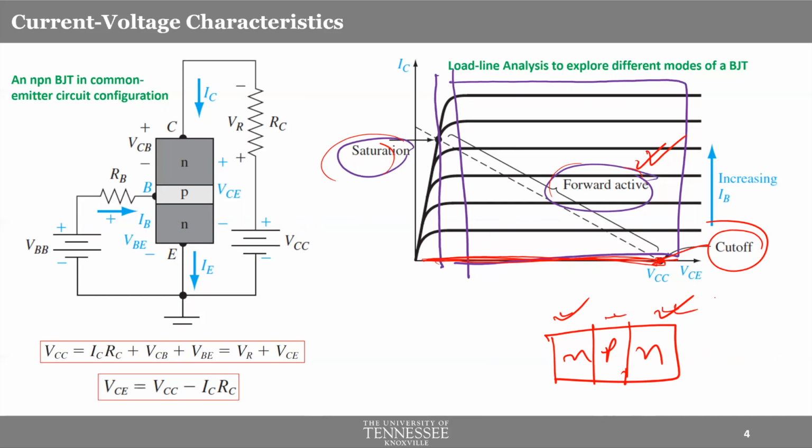They have complicated 3D geometry, and because of that, forward active mode and reverse active mode will have differences in characteristics. And we designed the BJTs in a way that forward active mode should provide us the best operation. So reverse active mode will give us degraded performance. So you don't want to operate in reverse active mode, by the way.